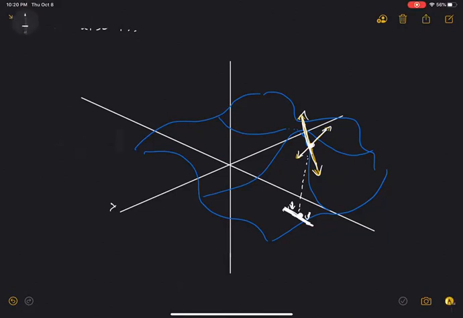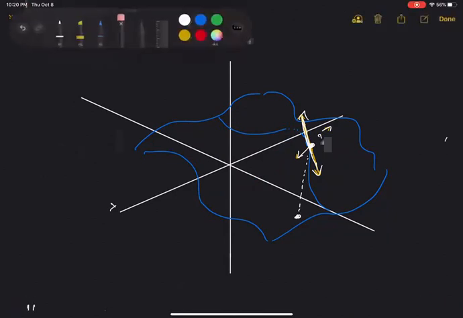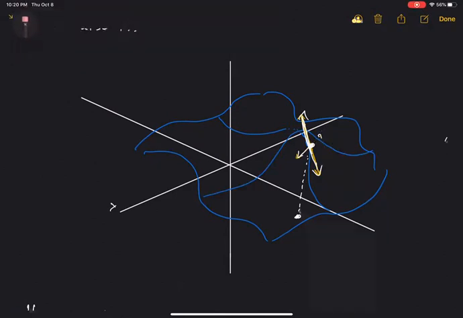But really, I can do this sort of operation in any direction, right? There's no reason I should be confining myself to just the x and the y axis. Maybe I want to take the derivative in some other direction. Okay.